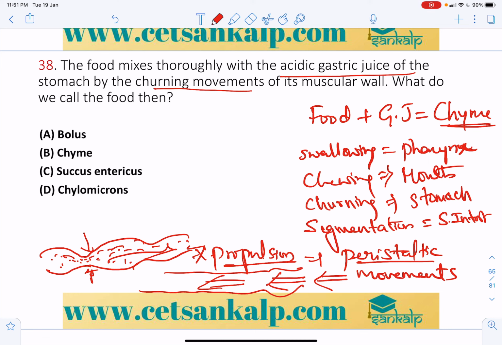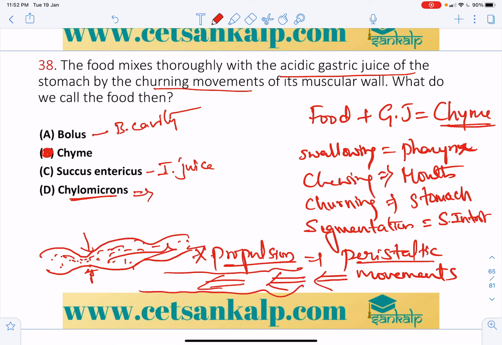The food which is there in the stomach is called chyme. In the buccal cavity, it is called bolus. Succus entericus, also called intestinal juice, is produced by intestinal glands. The glands are called the crypts of Lieberkuhn. Chylomicron is the form in which fatty acids are finally absorbed into the lacteals.